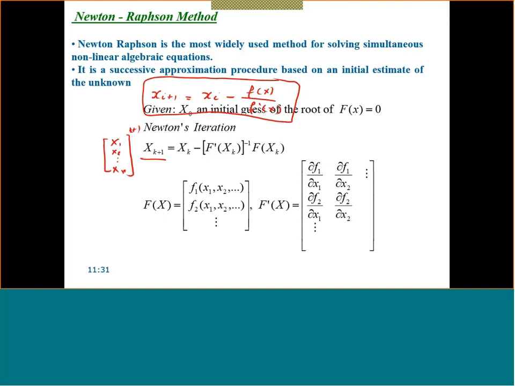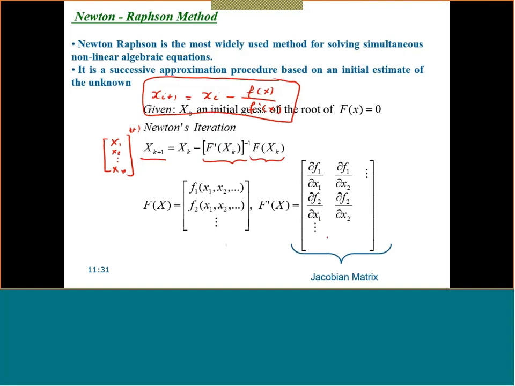And x of k is the same thing, but at k, which is the current or the previous iteration. Now, this is what we need to understand how to deal with. This is your f of x; f of x will be a vector here. But f prime of x inverse, now this will be a matrix, and this matrix we call the Jacobian matrix.